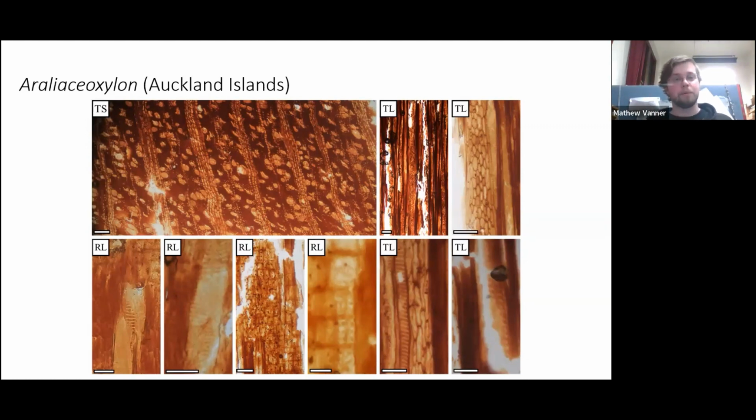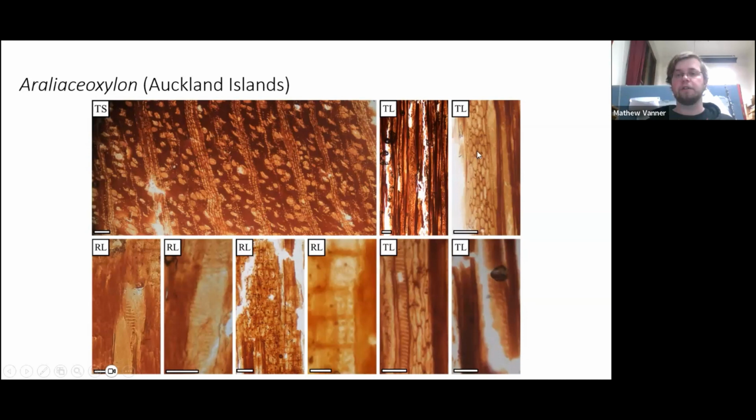And so I was able to get some really nice sections, despite how poor quality the wood initially looked. And you can see it has separate solitary vessels, but you also have random clusters of vessels, as well as these tangential bands.